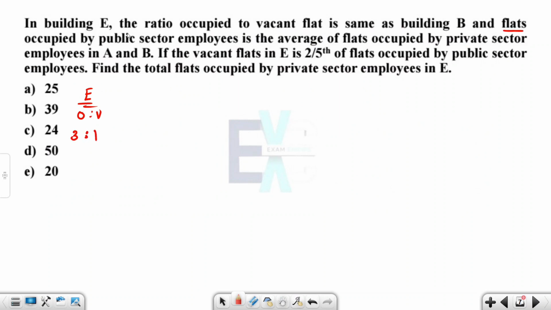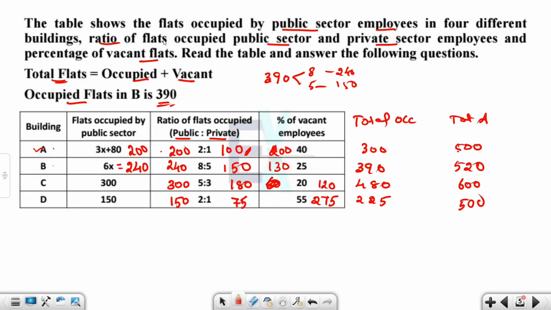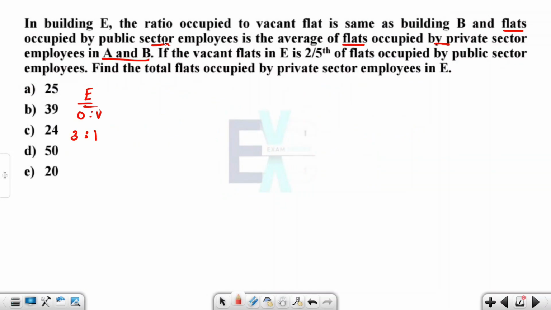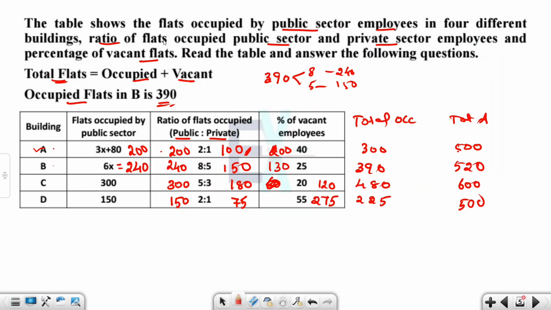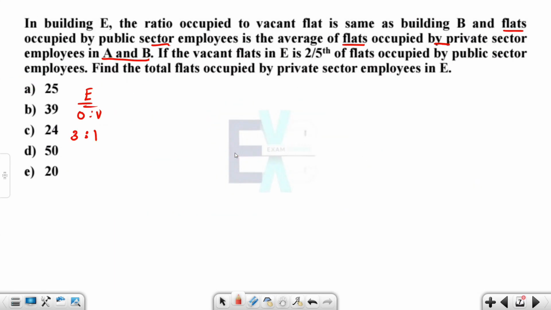And flats occupied by public sector employees is the average of flats occupied by private sector employees in A and B. So what is that? 100 plus 150, 250. Half of 250 will be 125. So this is public.